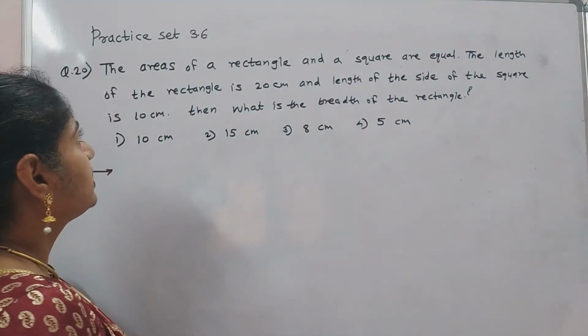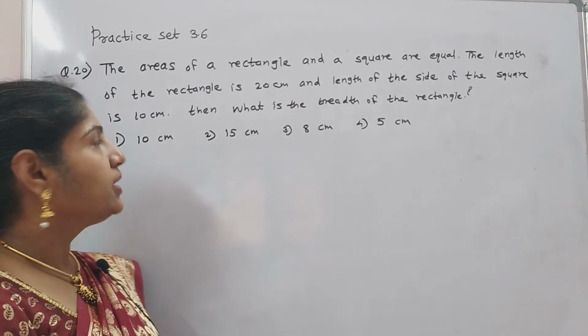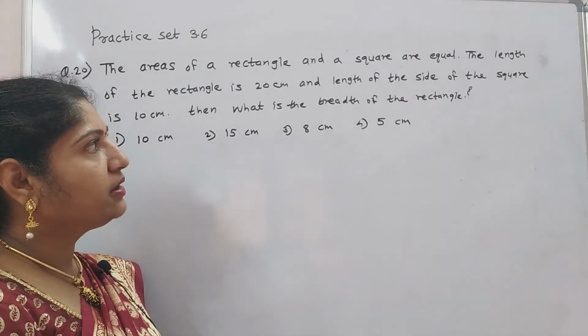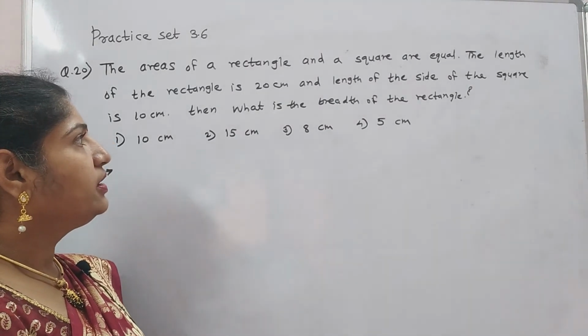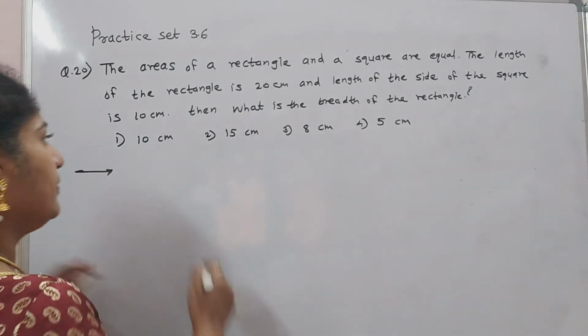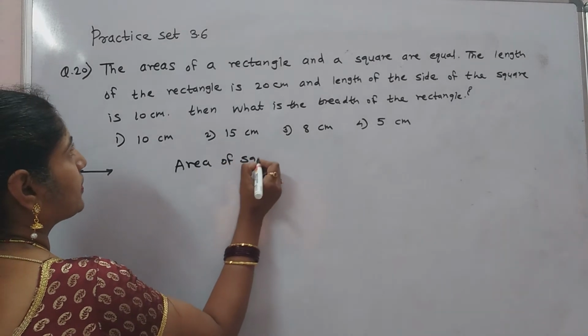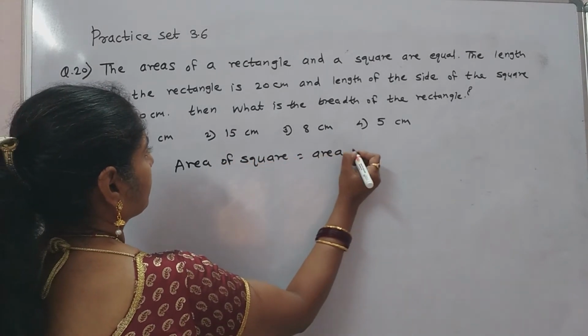Next question is, the areas of rectangle and square are equal. The length of the rectangle is 20 centimeter and the side of the square is 10 centimeter. Then find the breadth of the rectangle. Given is area of square equal to area of rectangle.